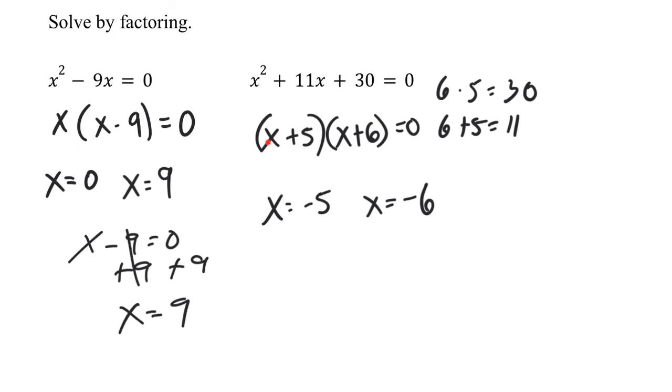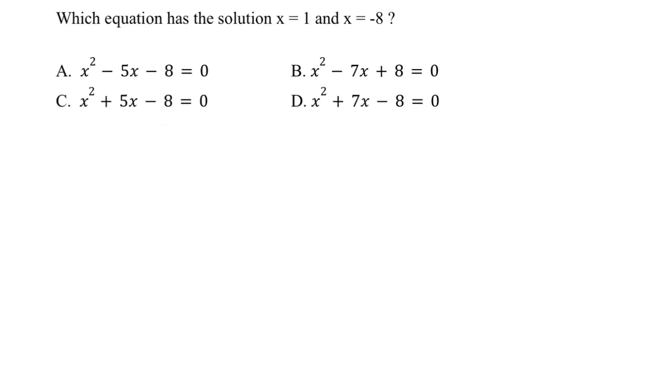Negative 5 in here makes it negative 5 plus 5 is 0. 0 times everything is 0. And if I put negative 6 in for x, negative 6 plus 6 is 0. 0 times everything else is still 0.